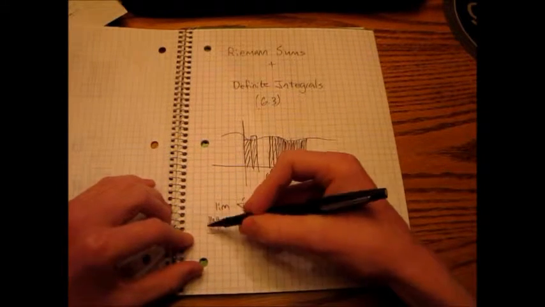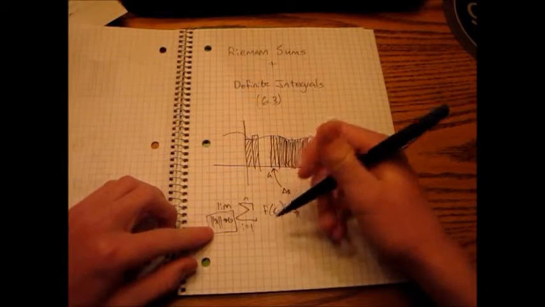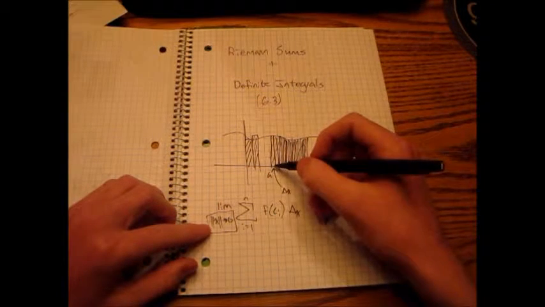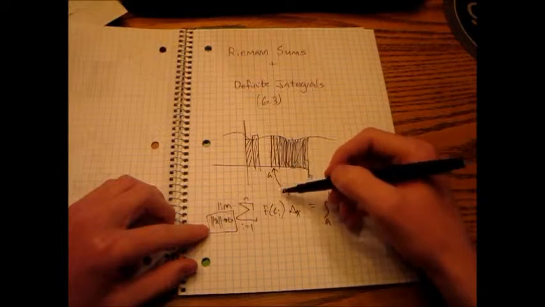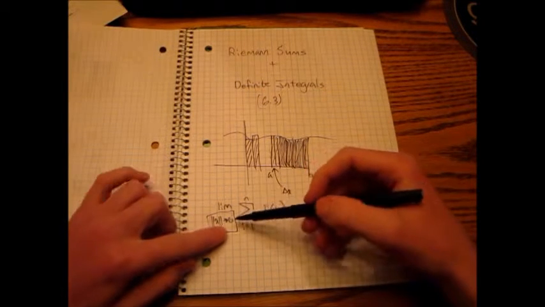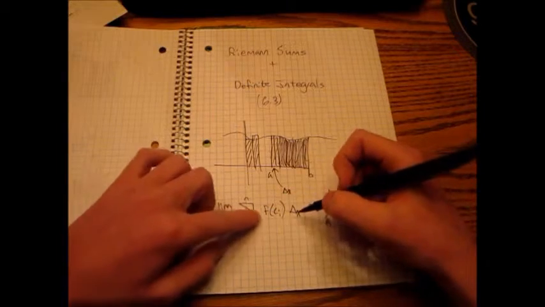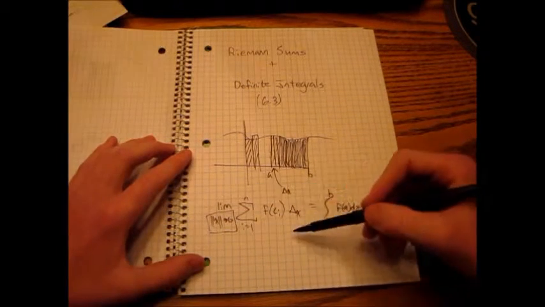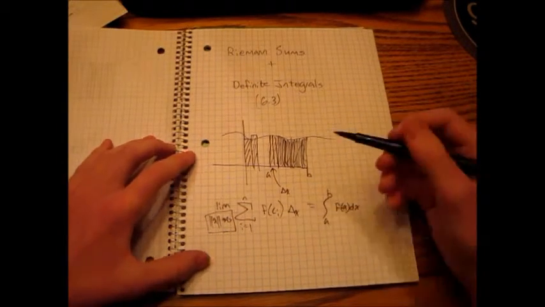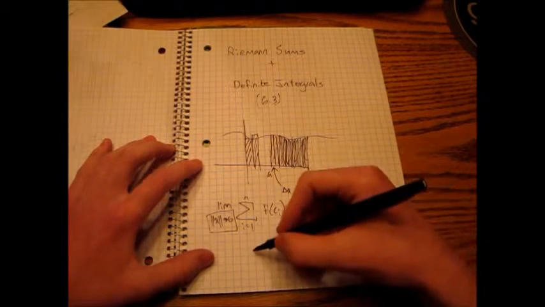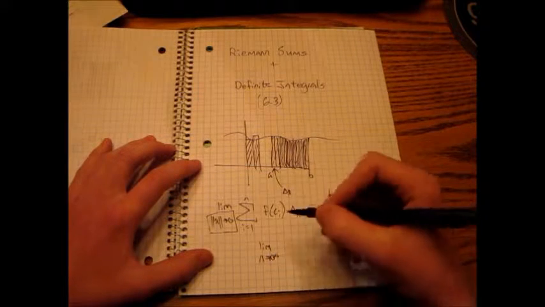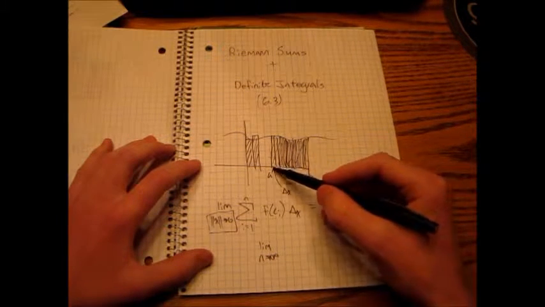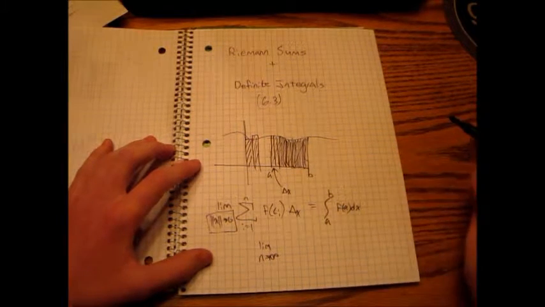So what this means is that as the delta x decreases and gradually becomes 0, this provides the sum for the area, and you will end up getting the limit as n approaches infinity, because you'll have an infinite number of rectangles within the area.